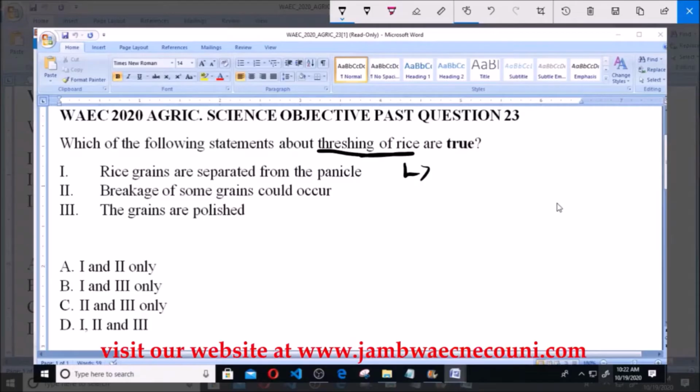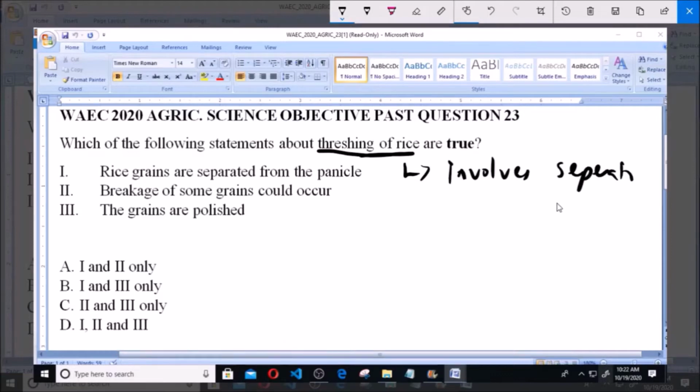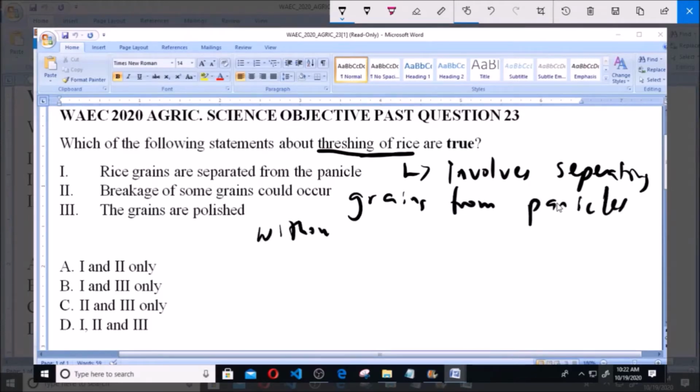Threshing of rice is a procedure that involves separating grains from panicles without removing the husk.